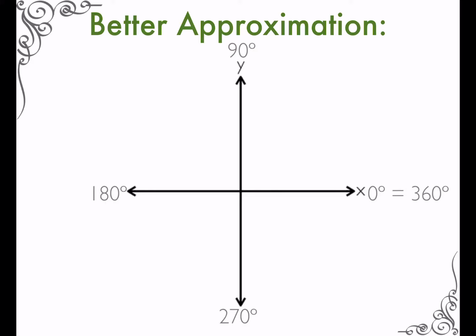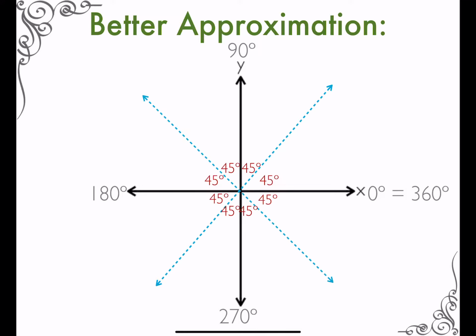So I could sketch in a 45-degree angle, and that gives me a better sense of where other angles are located. So if I drew in a 45-degree angle between 0 and 90, I now know where a guide angle is for 45 degrees. Between 90 and 180, if I went 45 more degrees, I'm at 135. So that's another guide angle for us.